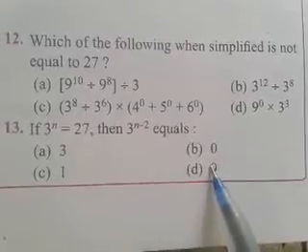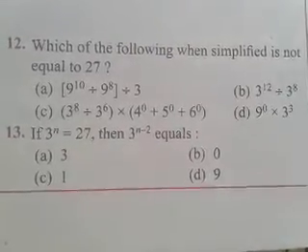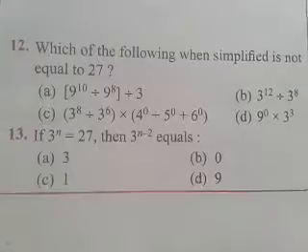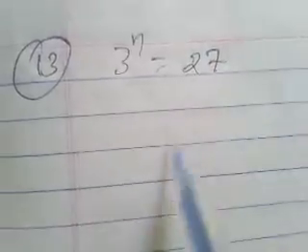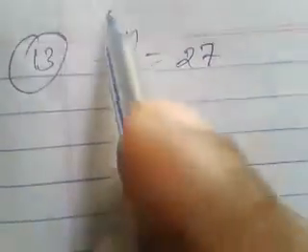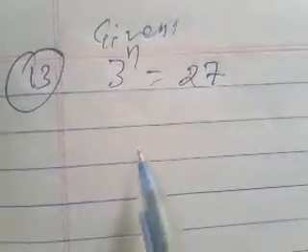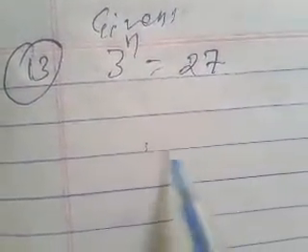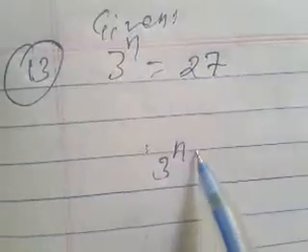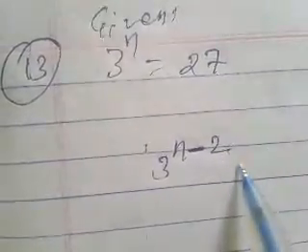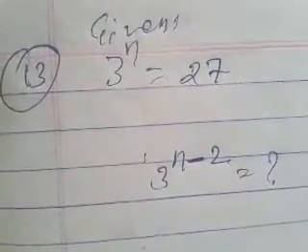Let us find what will be the correct option of this question. So here given 3 raised to the power n equal to 27, this is given for the question, and we have to find here 3 raised to the power n minus 2. What is the solution of this question?